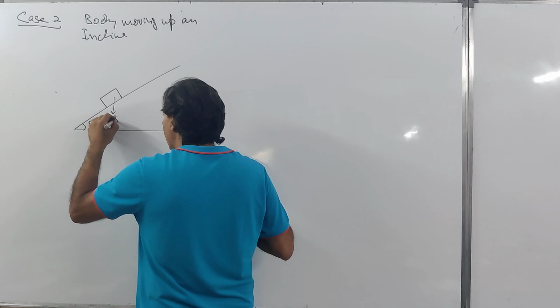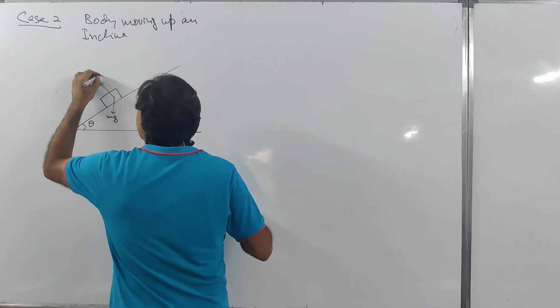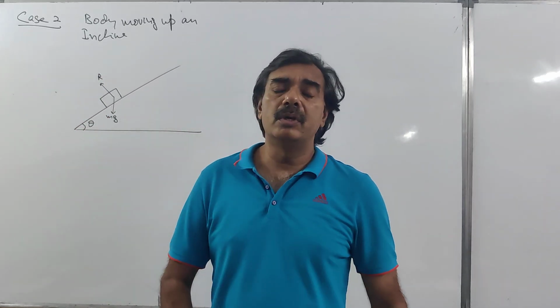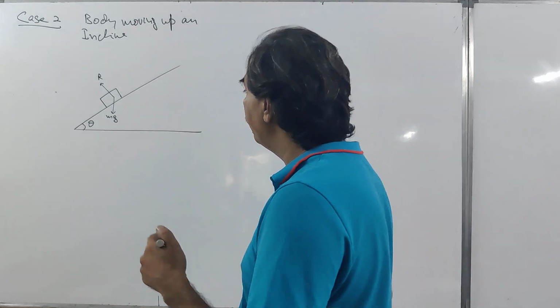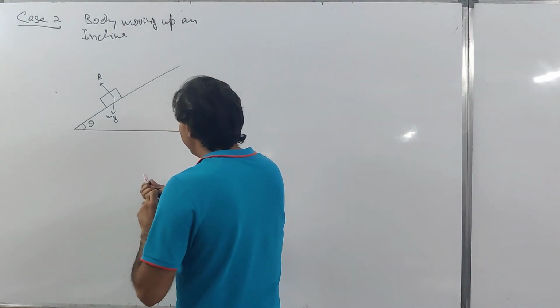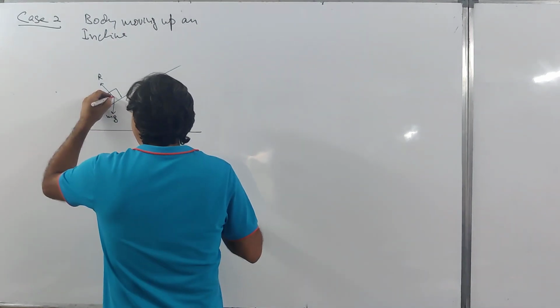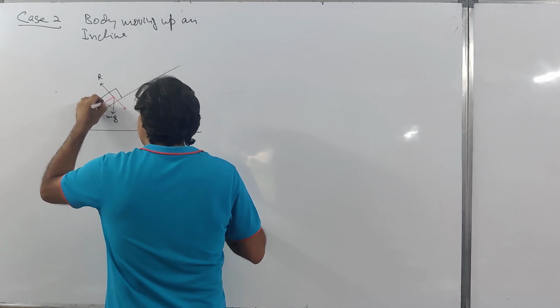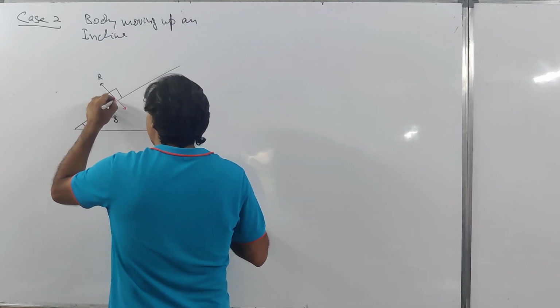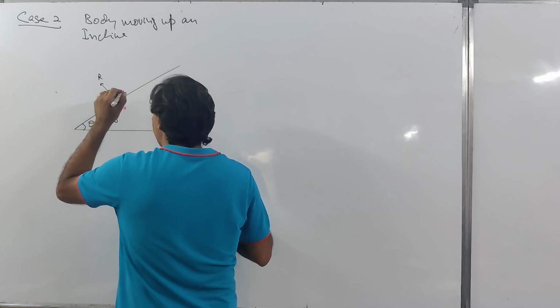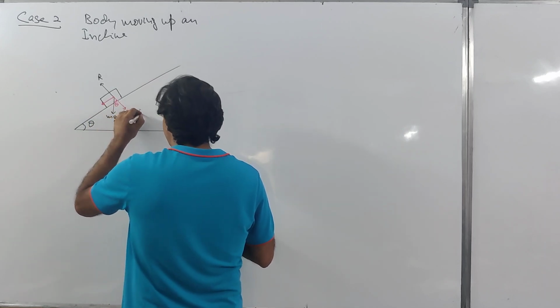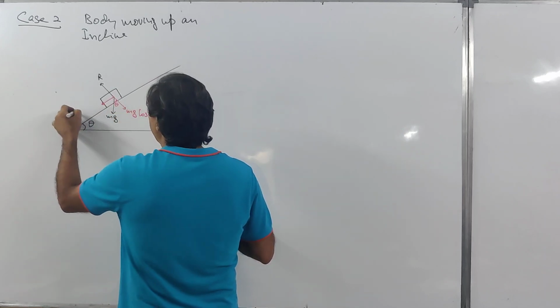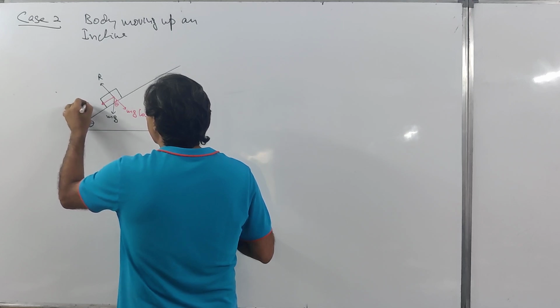Normal reaction. The angle is going to decide what the limiting friction is going to be. I divide the weight into two components. This is mg cos theta and this is mg sin theta.